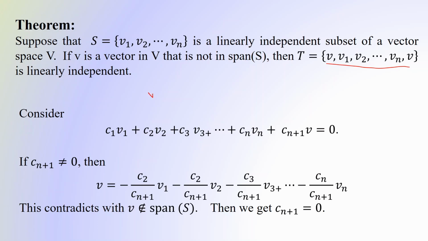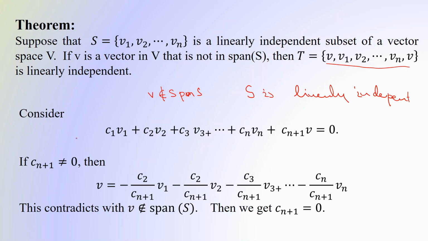We know that v does not belong to span S, and S is linearly independent. So that's what we have got. We want to prove that T is linearly independent.